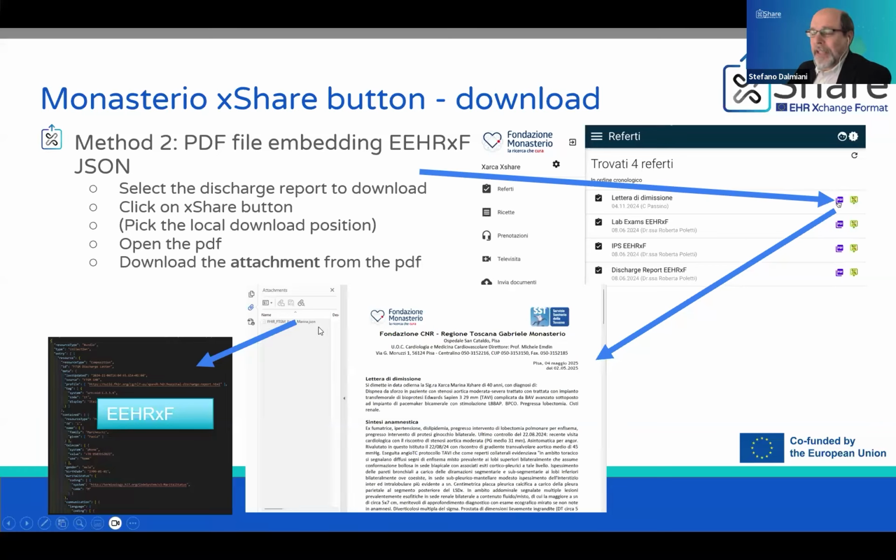The document has an attachment inside. So you have the document downloaded, and within the document you have the structured format of all the information that you can give to other healthcare professionals to take care of Marina or of yourself.